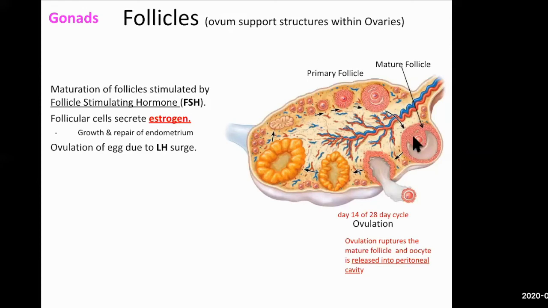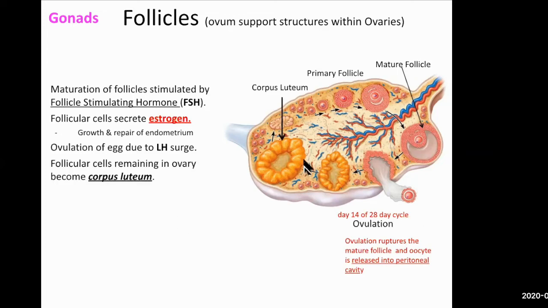They're going to mature, and at some point, the mature egg is going to ovulate under the influence of the luteinizing hormone surge, which means it's going to burst through the tunica albuginea wall and release, strangely enough, into the peritoneal cavity, where your uterine tubes will be waiting to catch it, hopefully.